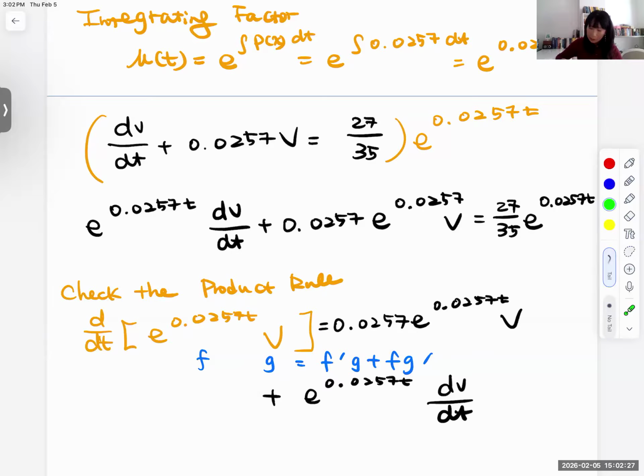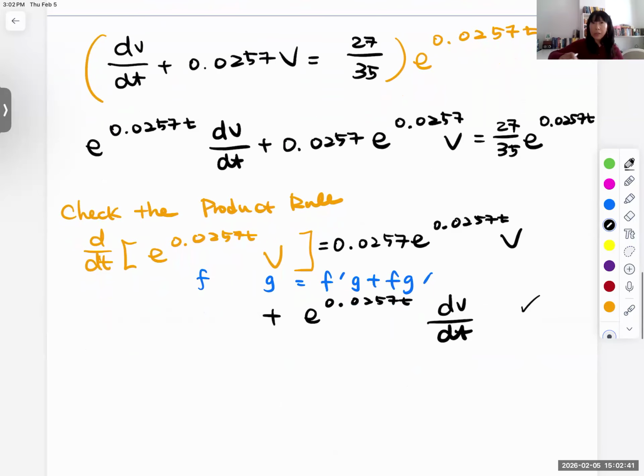So let's check that. This is the first term, this is the second term. It is correct, right? Okay, then we can use that.